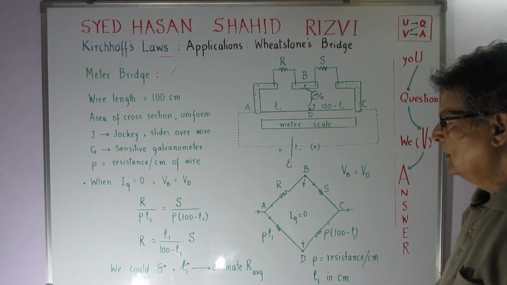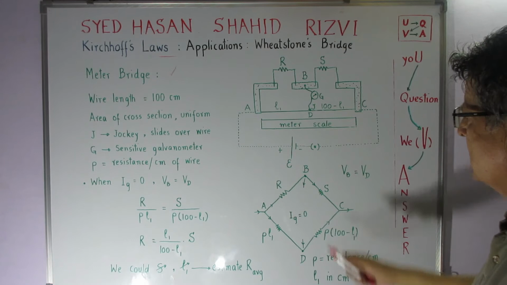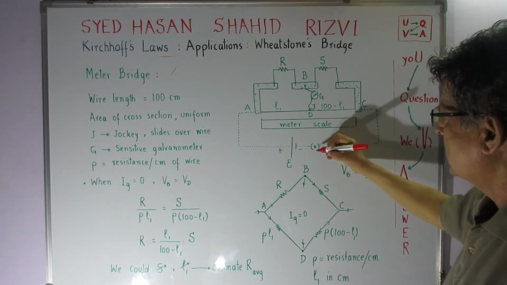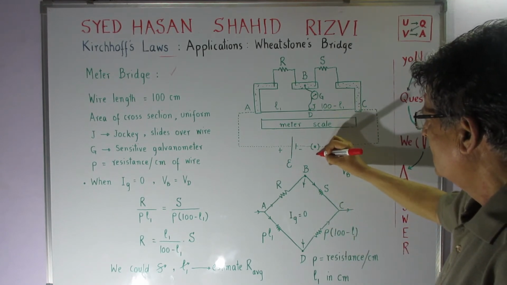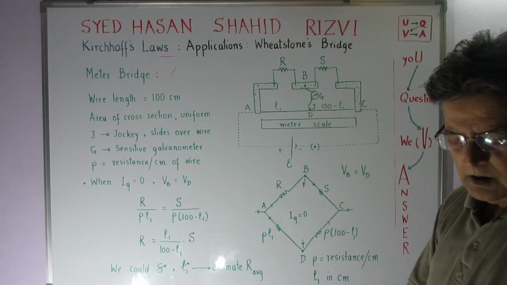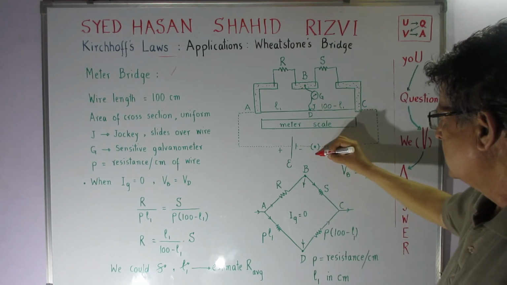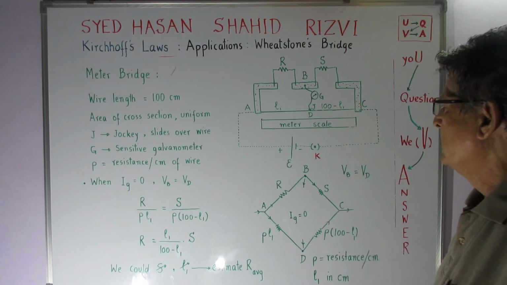You can look for a better diagram. Here it is a key, okay, which we insert while we are doing the experiment. There is a key, K, I can write here, and this is inserted while we are doing the experiment.